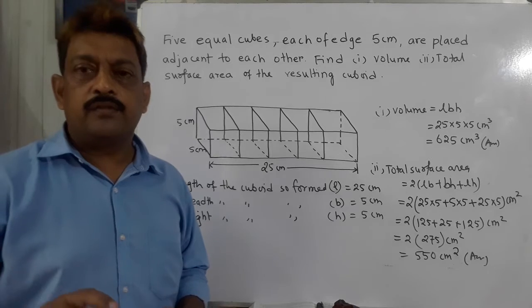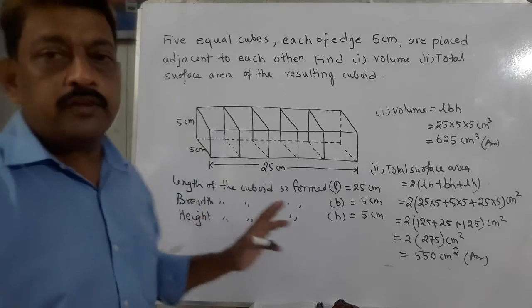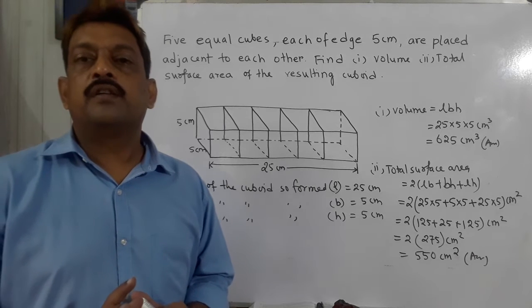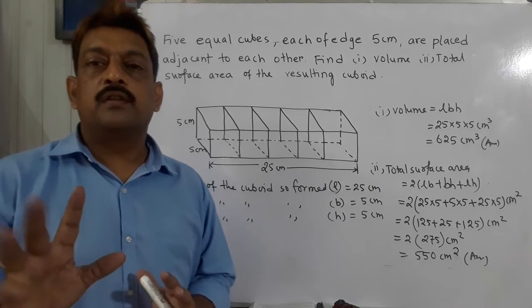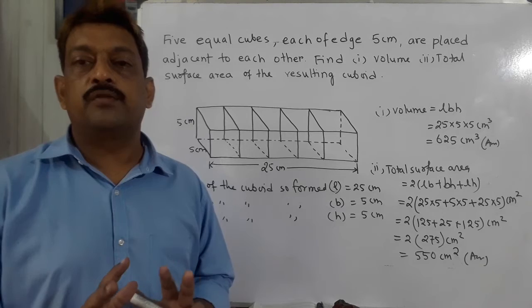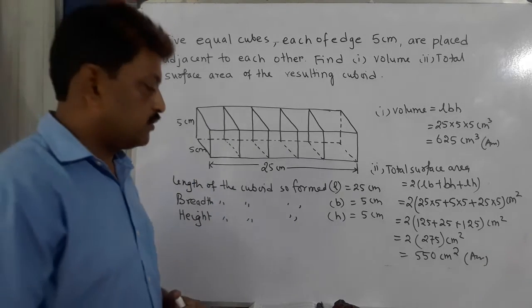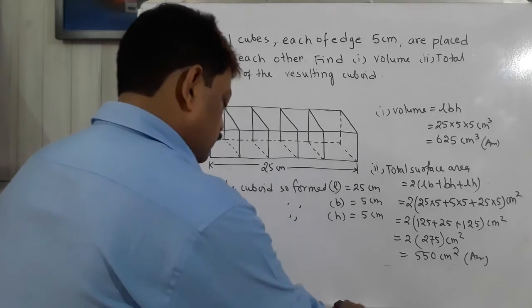It is my advice, whenever you are going to solve a problem related to volume and surface area, try to draw the figure. After drawing the figure, the things will become much more clear to you. Okay, then you can solve any problem related to this. So this is one type.